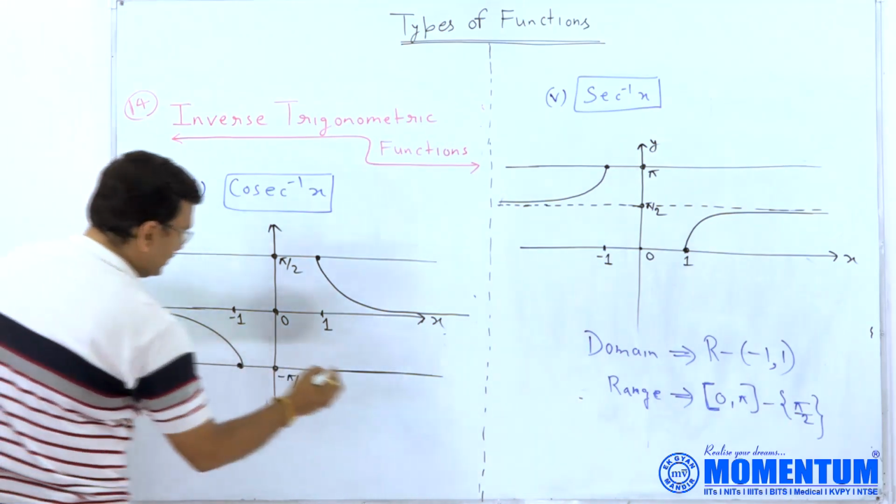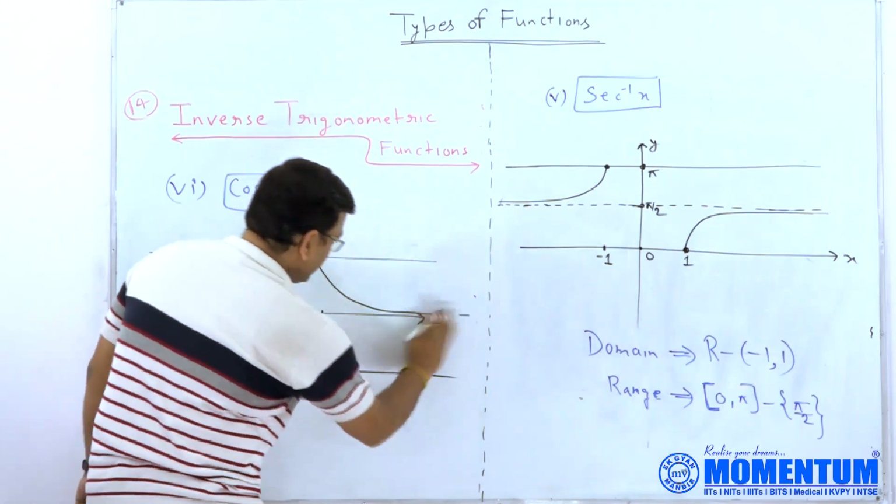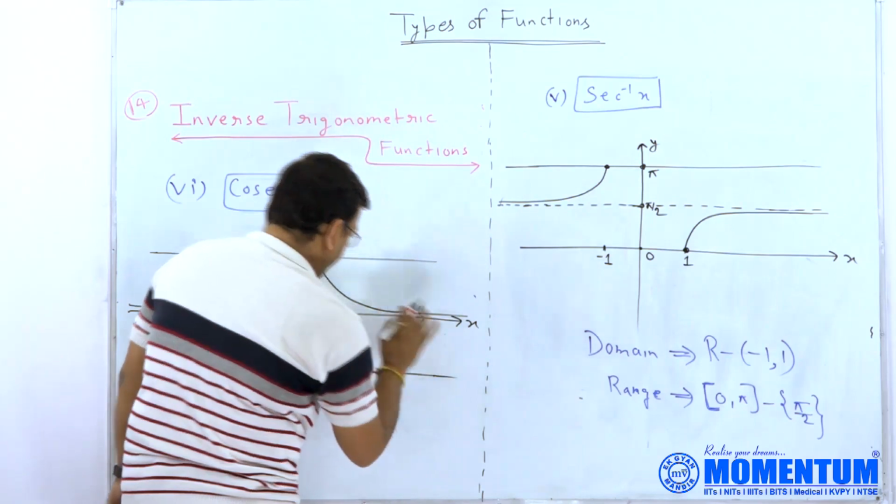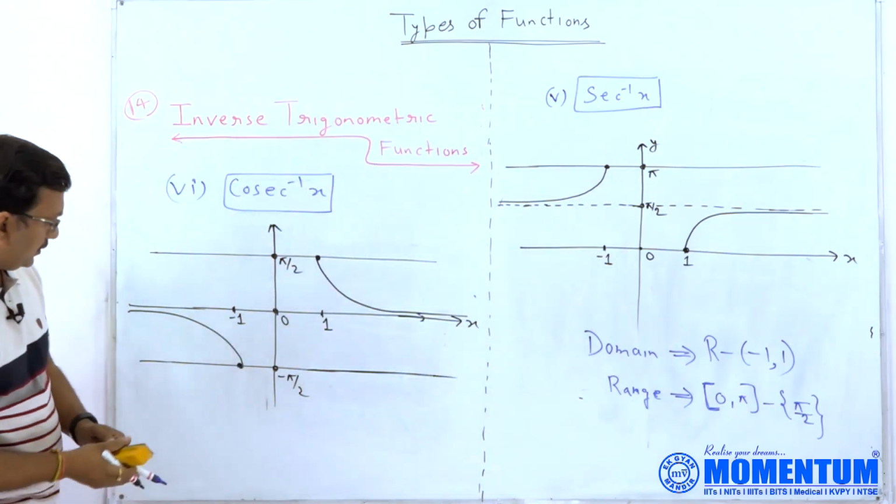So this is our diagram of cosec inverse, and as we have seen in the case of sec inverse, same story here.